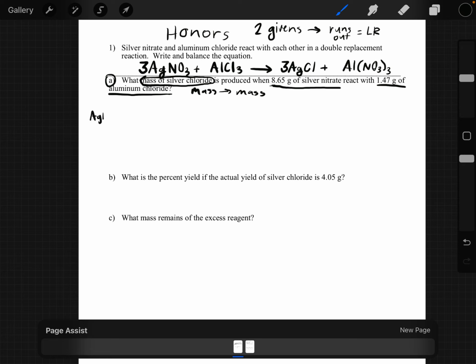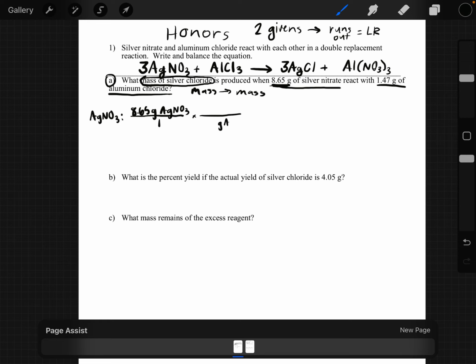So we're going to say, okay, silver nitrate is our given. And I did not write these molar masses down, and I'm regretting this for a second, so I'm just going to Google these. Sorry, I really should have thought ahead. Okay, so silver nitrate, we're just going to start with whatever they gave us for silver nitrate, which was 8.65 grams over 1.